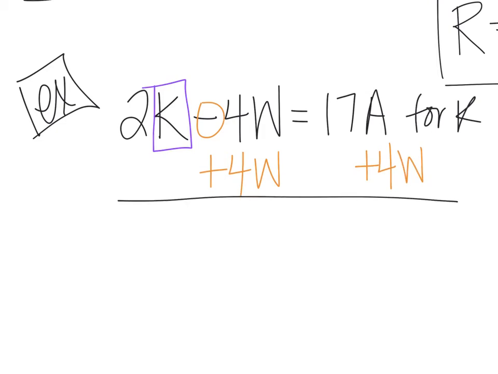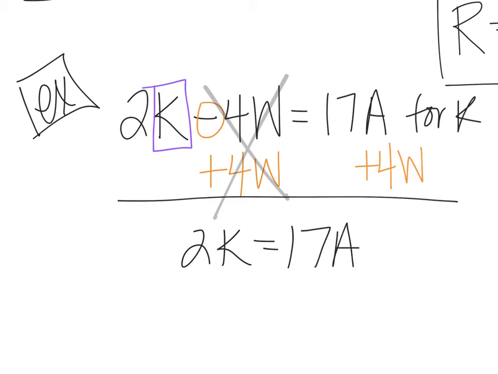So, these cancel out. So we have 2k equals 17a plus 4w. And we're still solving for that k.